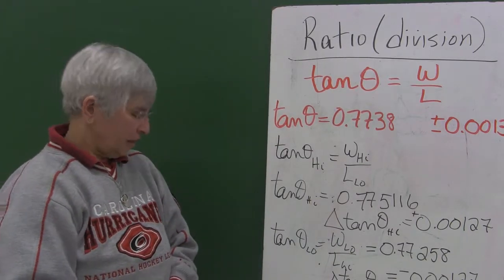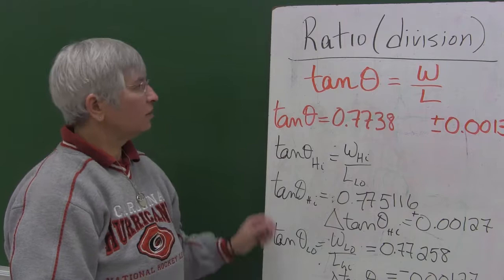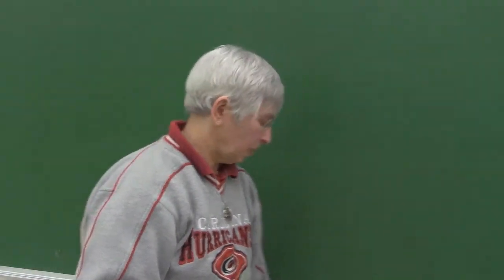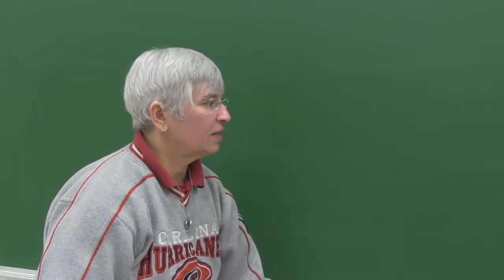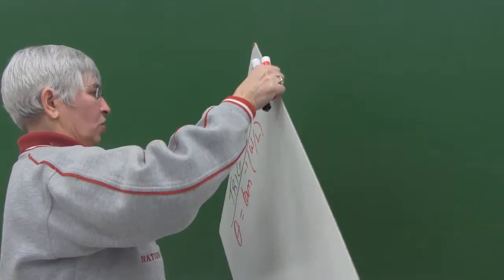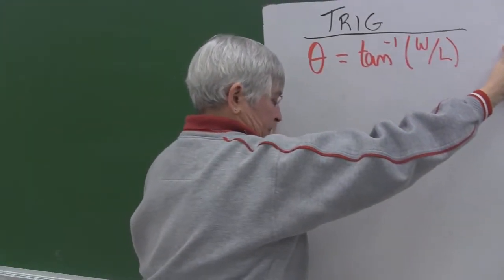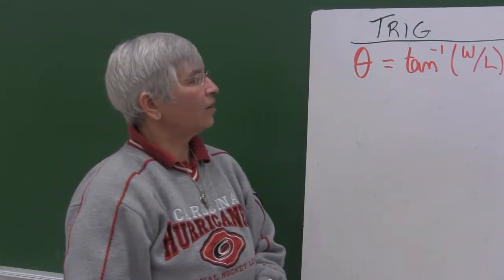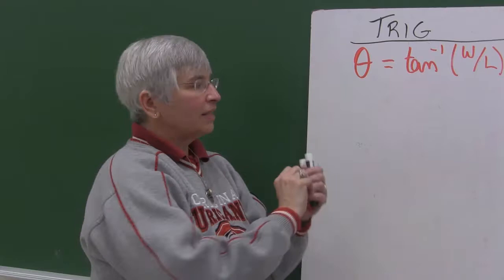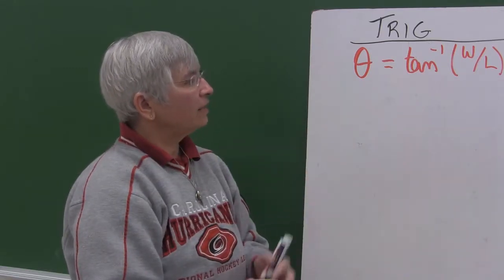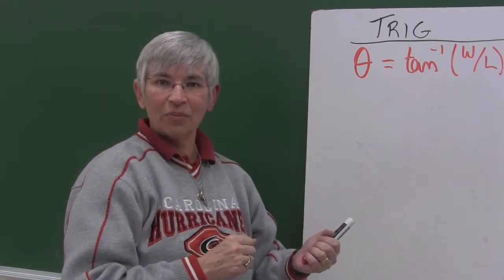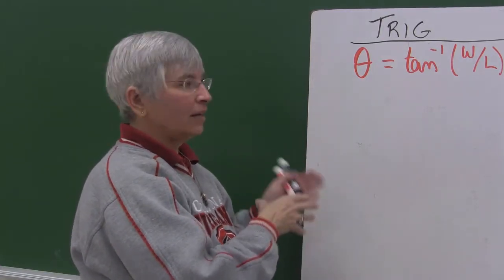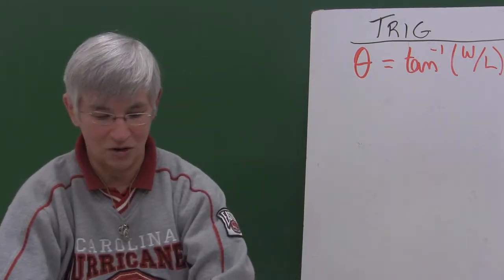Having found tangent theta, I'm just going to slide this over so that I can see the values. I can now use trig. I would use the calculator function that has the inverse tangent and calculate the highest angle I could measure, or the lowest, and then see what the ranges are.